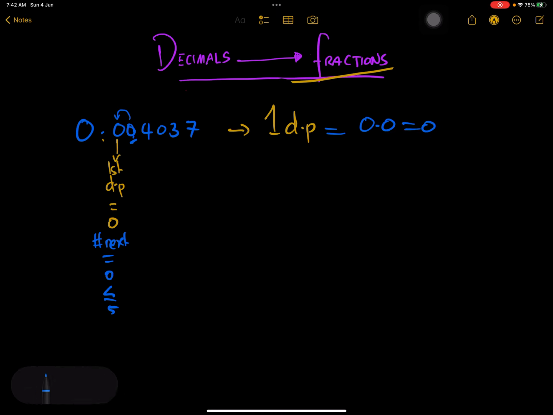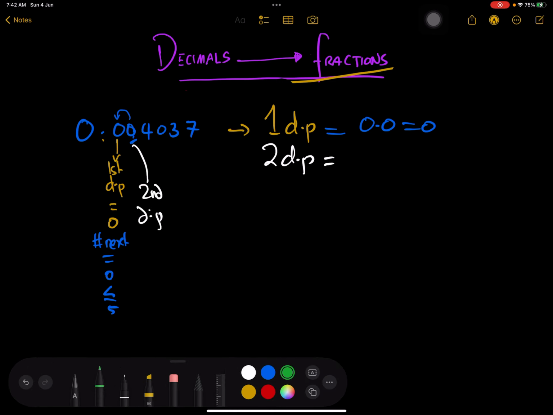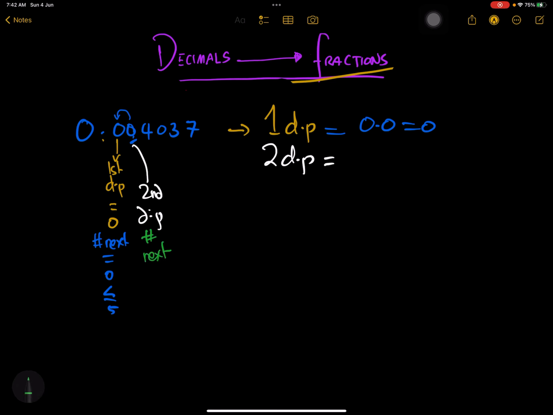What about the second decimal place? This is the second decimal place. And the number next to it is 4. That number is less than 5. If it was 5, 6, 7, 8, or 9, we would have added 1 here.